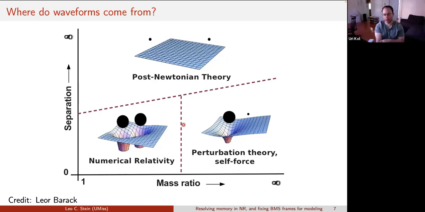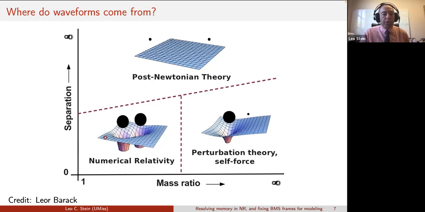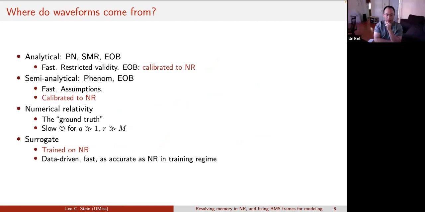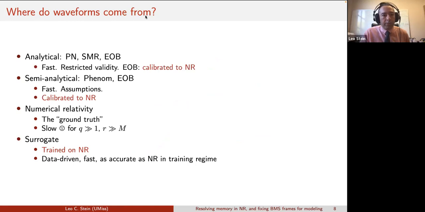I see. They still don't work at merger, but for merger you can do high mass ratio with numerical relativity just fine. It's really the in-spiral part that's extremely inefficient in numerical relativity at small mass ratio. Okay, thank you. Sure. And I can give you references later if you want. I'll point you to some of the papers that have done this work.